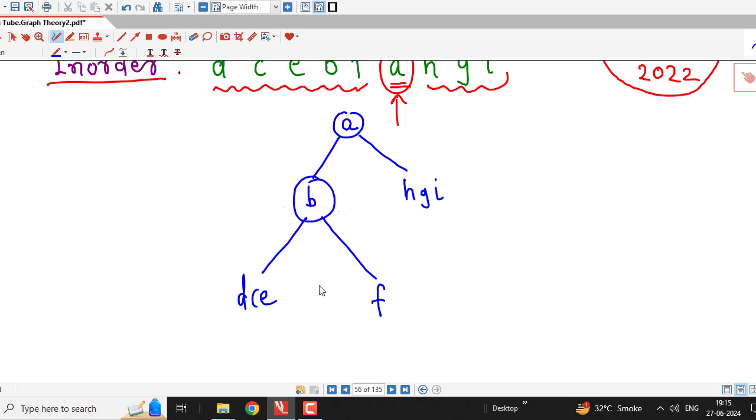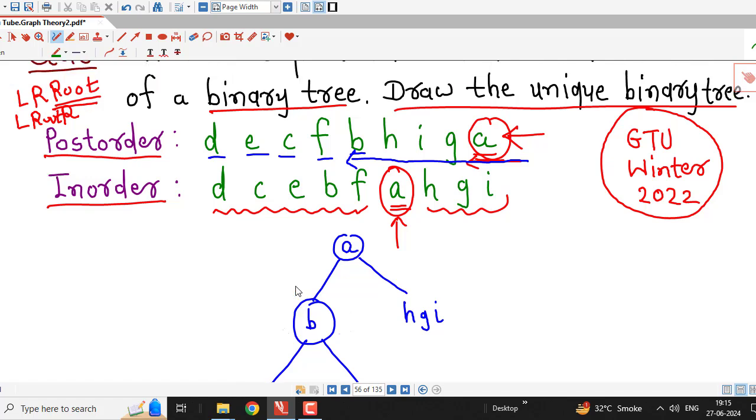This is node B. Now the same thing I will do for this D, C and E. I will first search D, C and E in the post-order. Here I have D, C and E. Then I will check from right to left and I will find that C appears first.